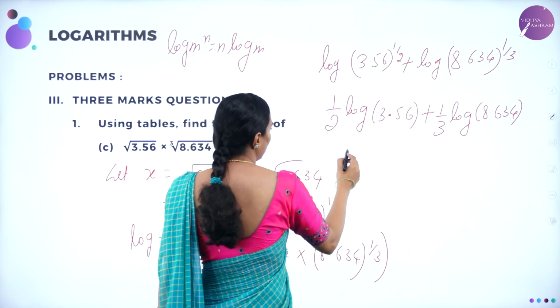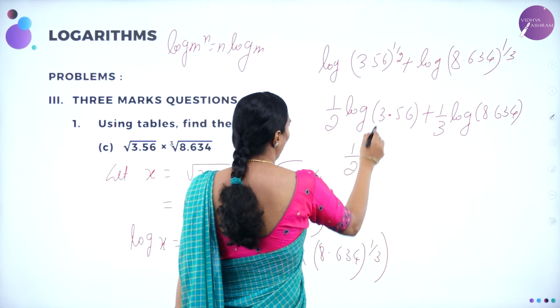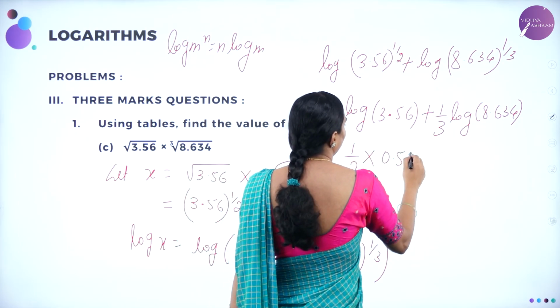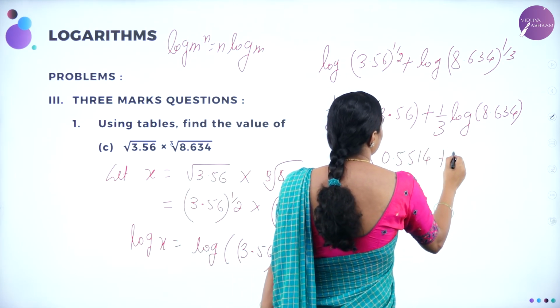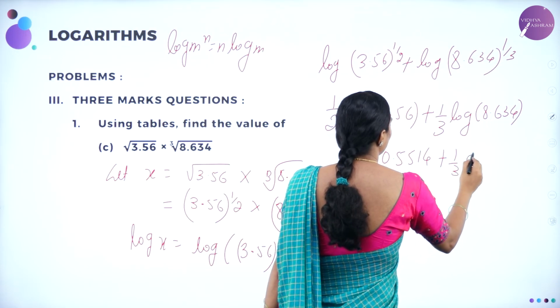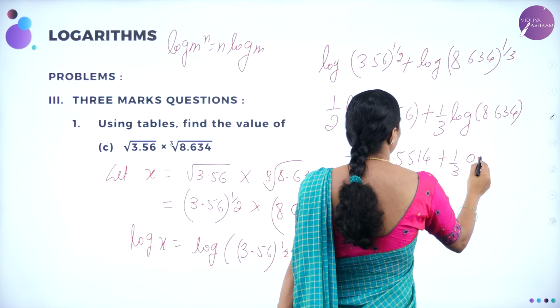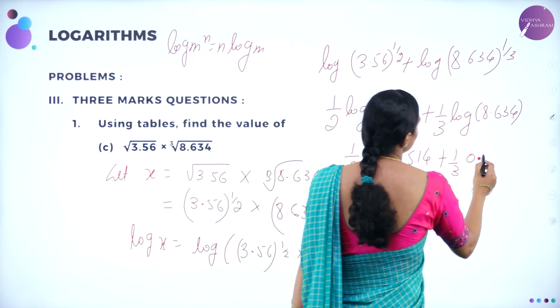And the answer you are going to get for this one will be equal to 1 by 2 into 0.5514 plus 1 by 3 into 0.9362, because 1 minus 0.9362.